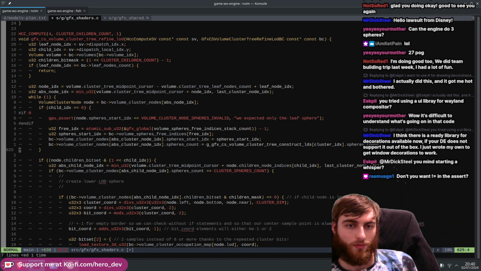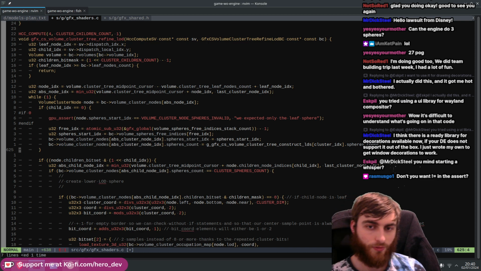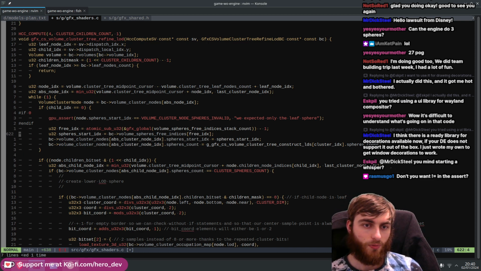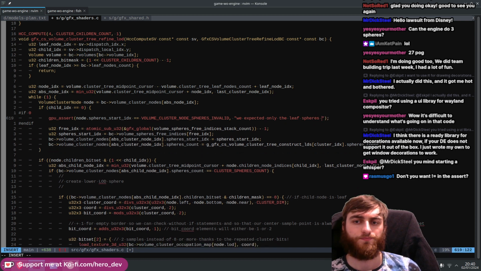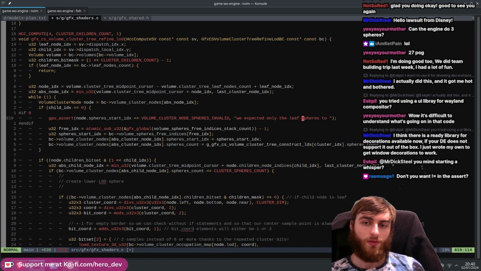No, I think we want it to be equal to invalid, because we're going to allocate it here. We expect only the leaf nodes, leaf cluster nodes, to have spheres at this point.